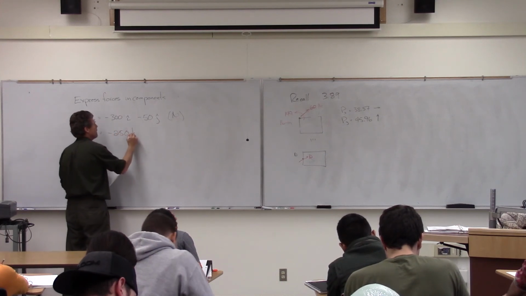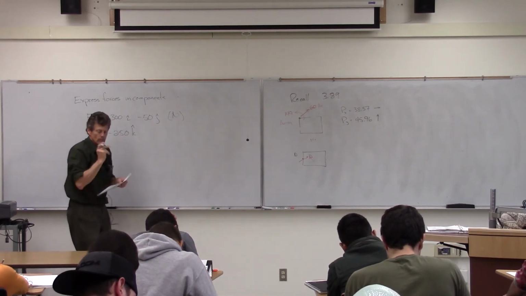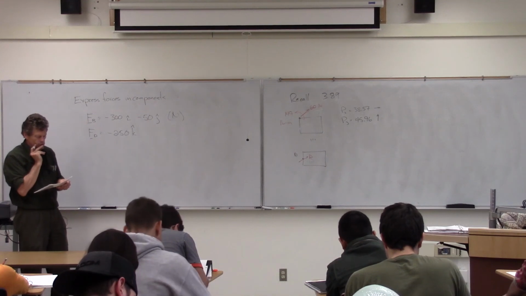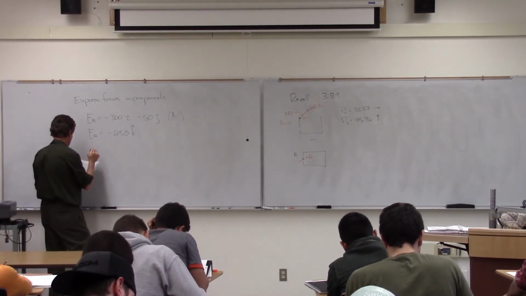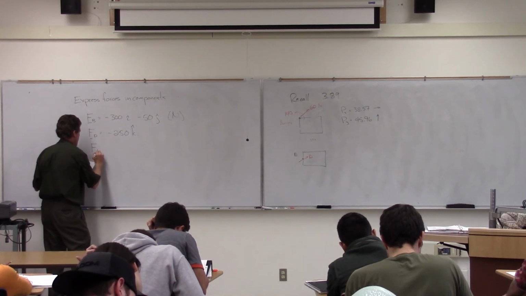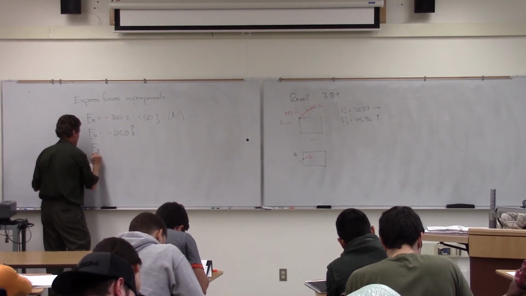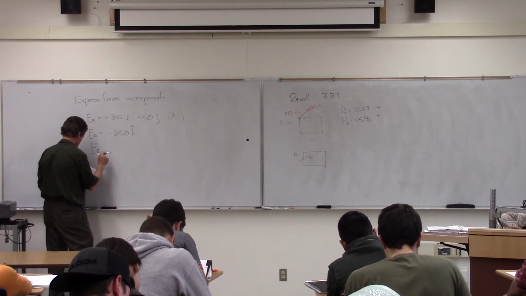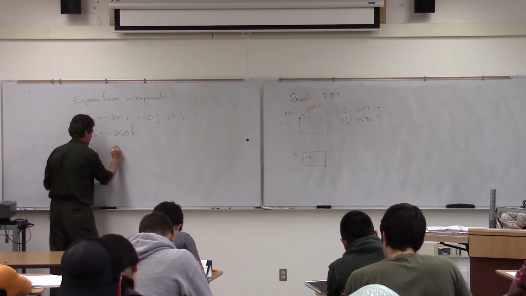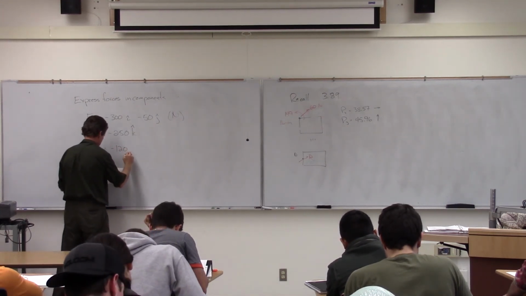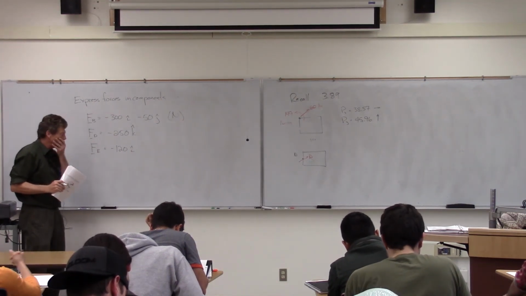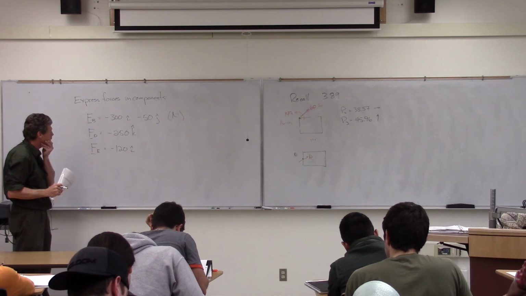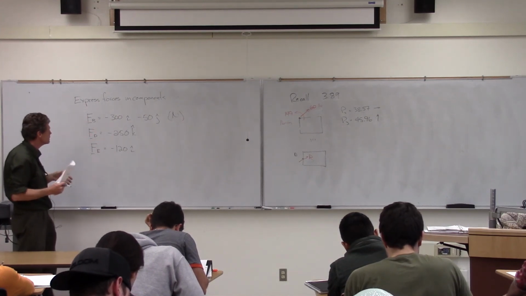So what we'll see then is the D is a minus 250 in the k direction. And our E is going to be a minus 120 in the i direction, and all of them are in newtons.